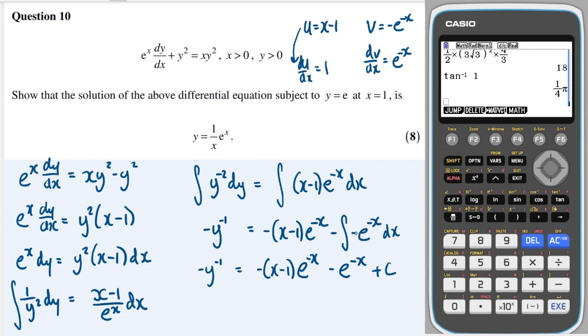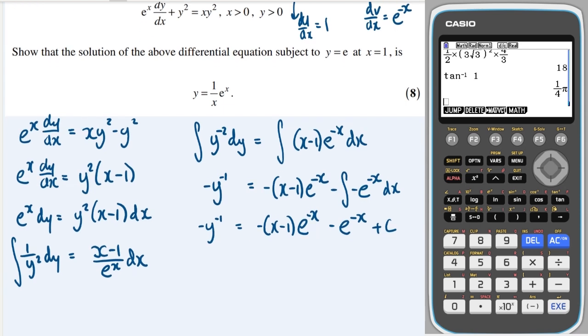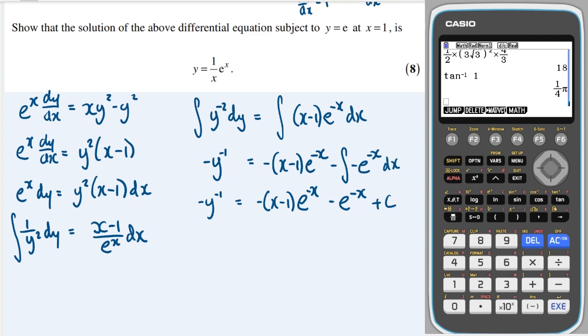Yes, because that gives us a plus and then there's a minus there. Perfect. Okay, great. Next we can just get rid of the minus signs by multiplying everything through by minus 1, like so. We don't need to change the constant because the constant is just constant. It can be positive or negative.